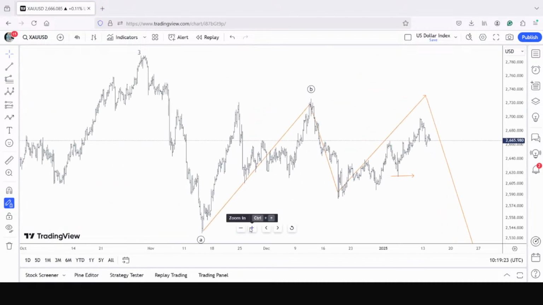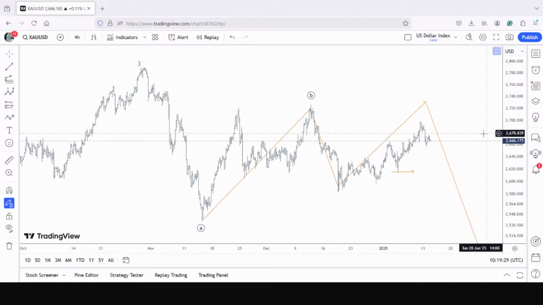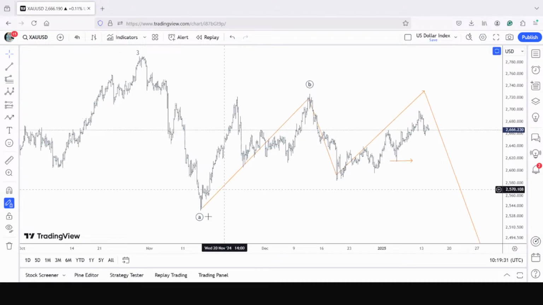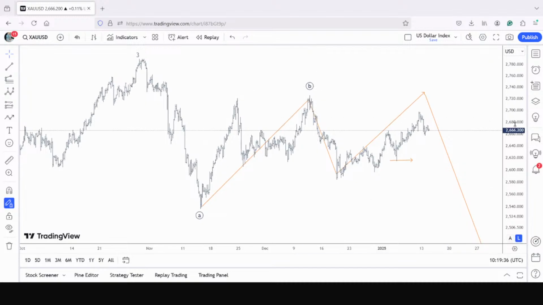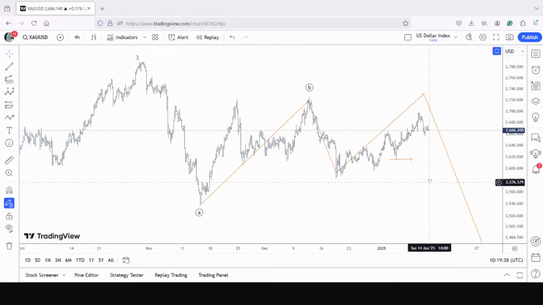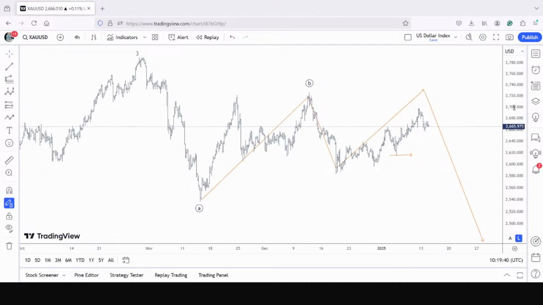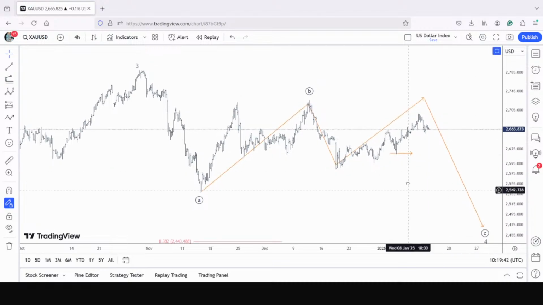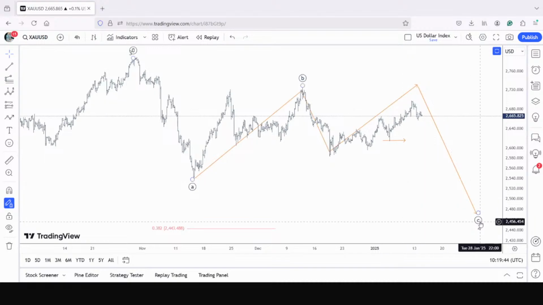Each particular wave and subwave has been catered, and we still go with the preferred wave count of wave A in place, wave B in place, and we are now almost underway, possibly underway, towards wave C lower, and that wave C would finally complete wave 4 of the primary, the minor degree.